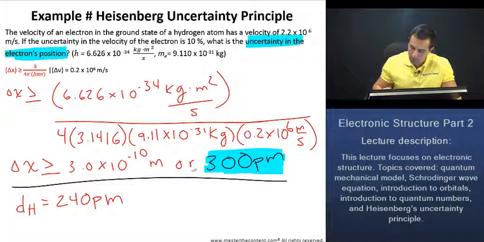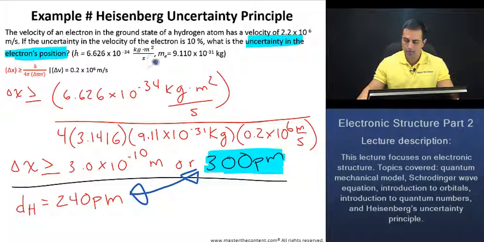Now, if we were to contrast these two values, the uncertainty in the electron's position at 300 picometers is actually massive compared to the diameter of the hydrogen atom, which is only 240 picometers, meaning that the uncertainty in the electron's position is actually larger than the atom itself. Okay, great. Let's now proceed to our next slide.